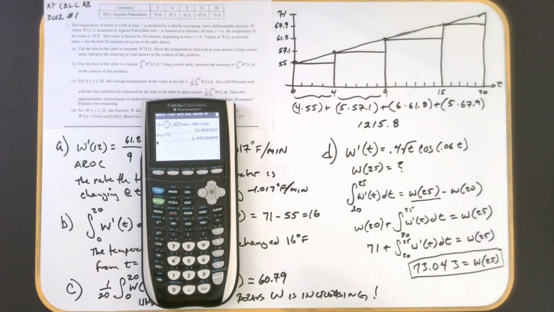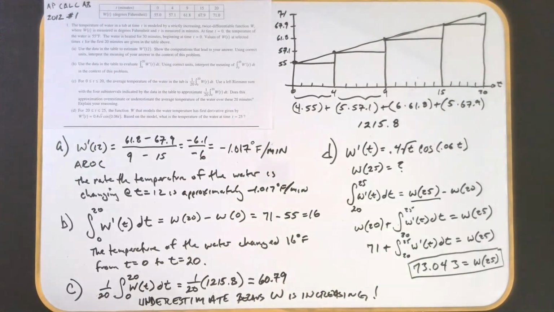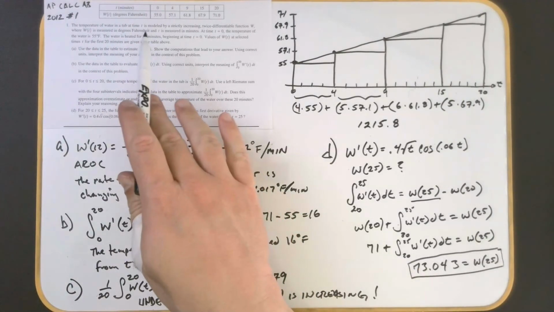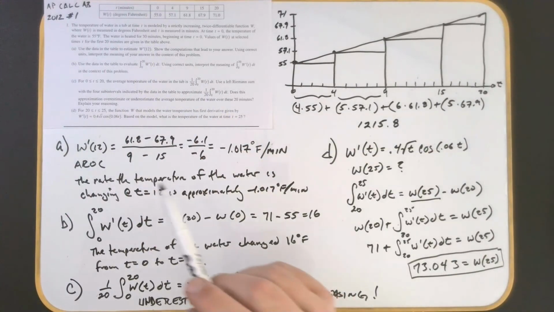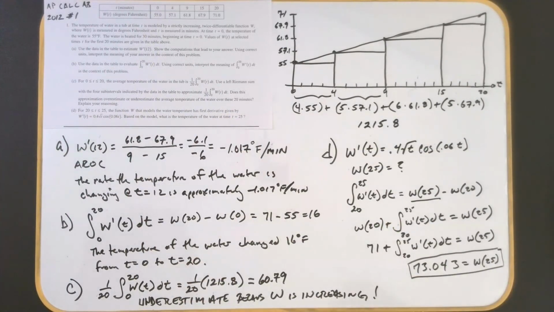All right. So from the top on this problem, we have a bathtub filled with water that's needing to be heated up, and it starts at 55 degrees. There's a fire underneath this thing, and they're heating it up for some reason. In 20 minutes, we heat it up 16 degrees.